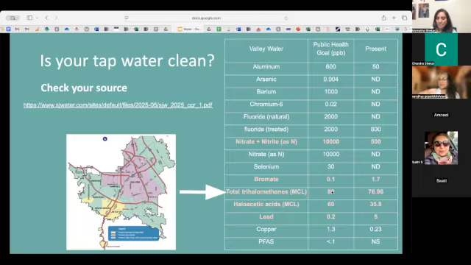So I picked a very conservative, low control limit. These units are in parts per billion. What does that mean? If you had a billion particles or molecules of water, you would have one part of the contaminant. So it's a very small number. A part per billion is very small.